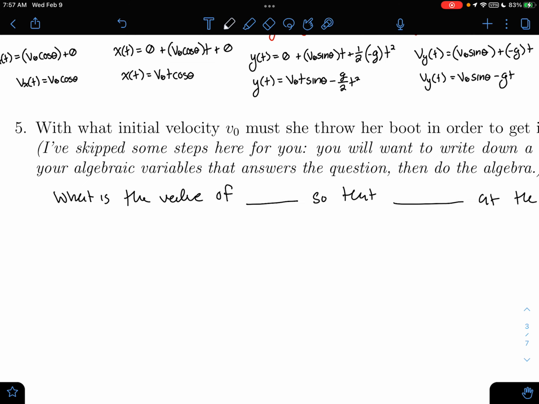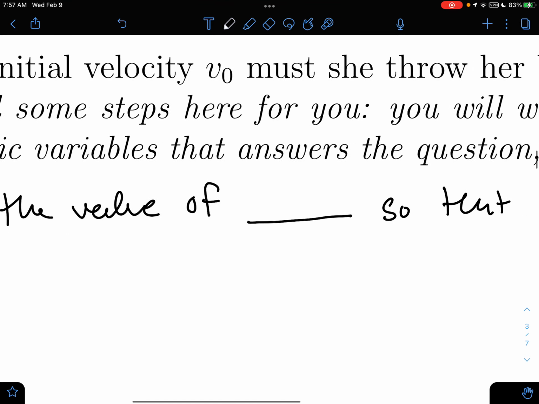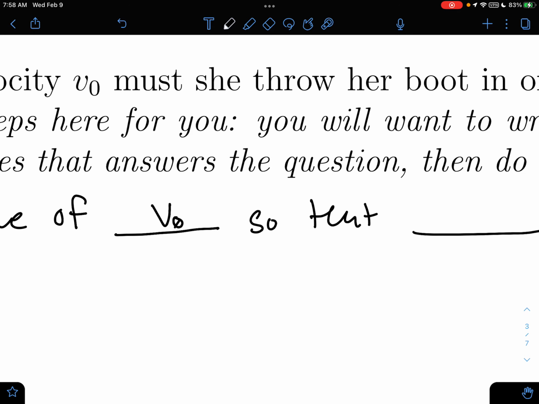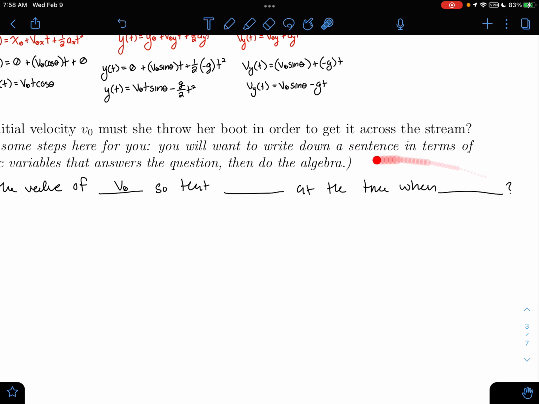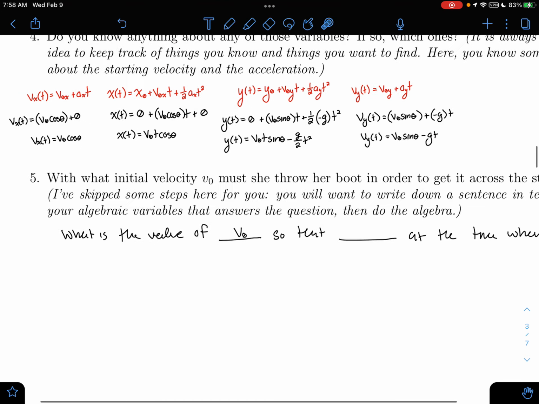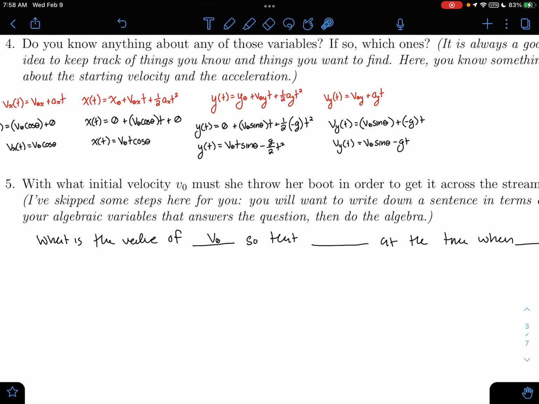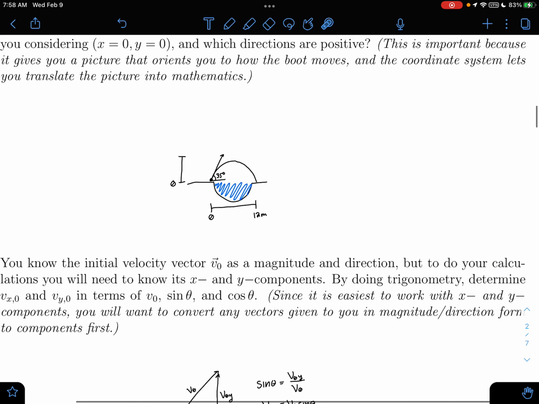So our question's asking, with what initial velocity? What is the value of v naught? And now we have to consider, so that, what do we want to be true at the end of our thing? What velocity must you throw the boot in order to get it across the stream? So what has to be true with our v naught?